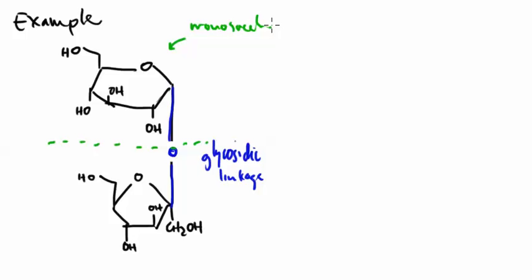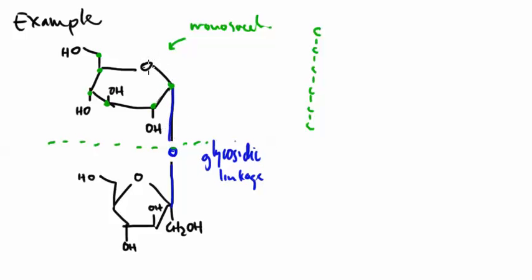We need to figure out what type of monosaccharide. So I take a look at the number of carbons. So I see 1 carbon, 2, 3, 4, 5, and 6 carbons in total. On the first carbon, this is where the glycosidic linkage is happening, and this first carbon is also where the oxygen of the ring is attached.